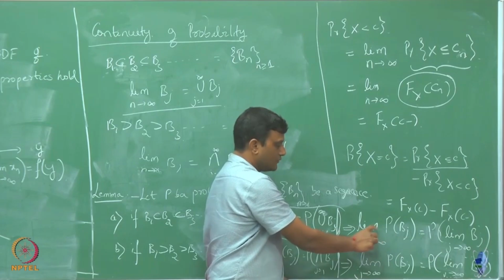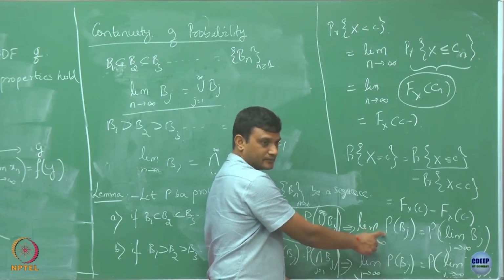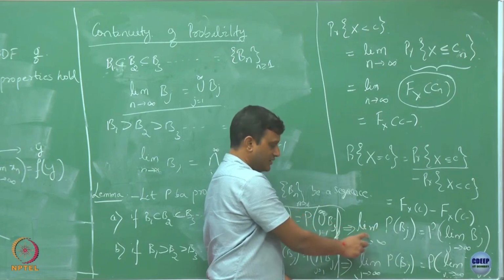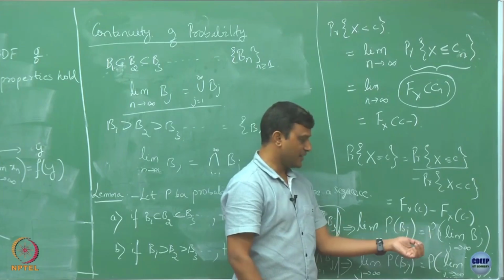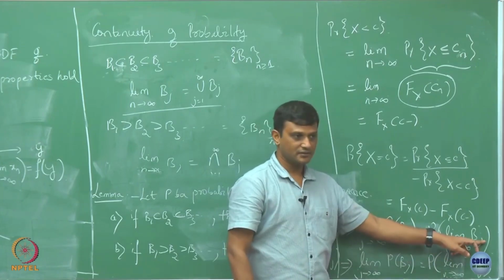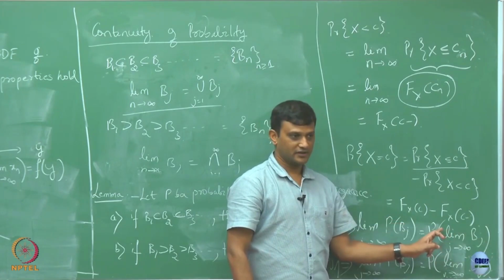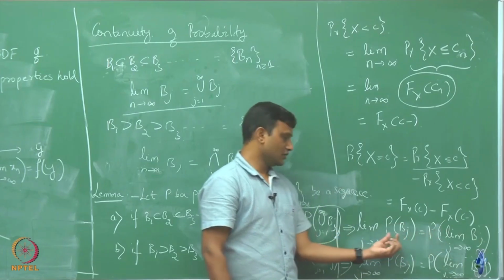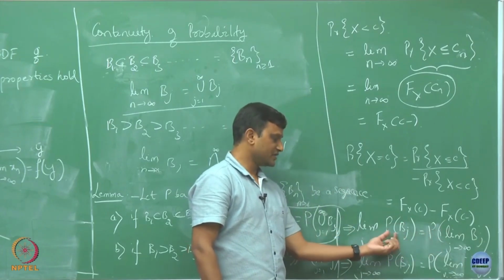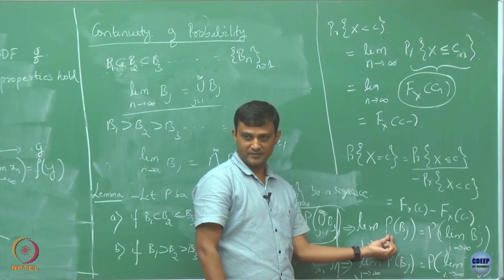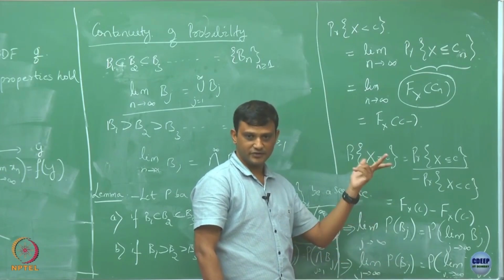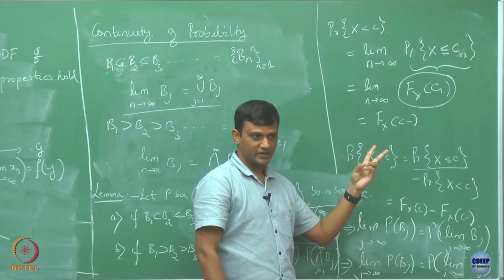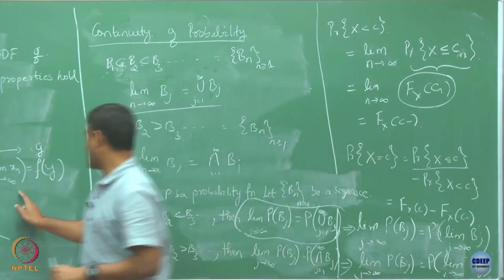So first we took the limit and then we apply the probability; it is saying that this is going to be the same as first taking the limit and then applying the probability on that. Whenever you have this limit, the probability function is such that it allows us to interchange between limit and P. That's exactly what happened here also, right?